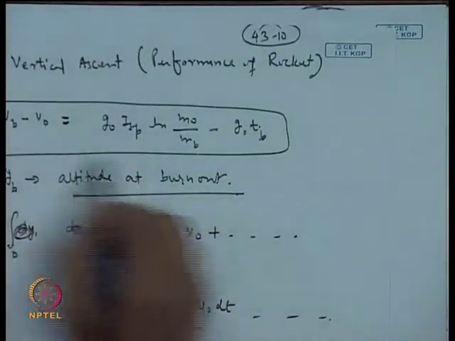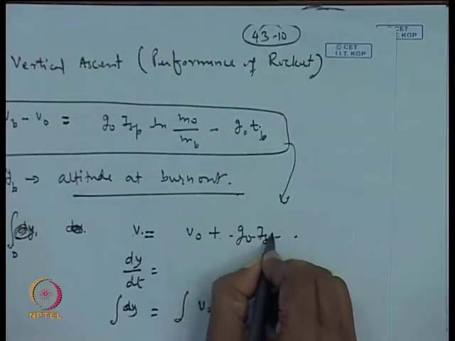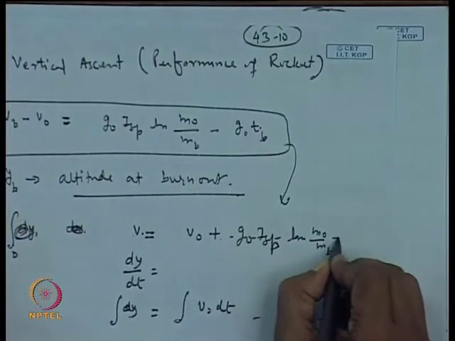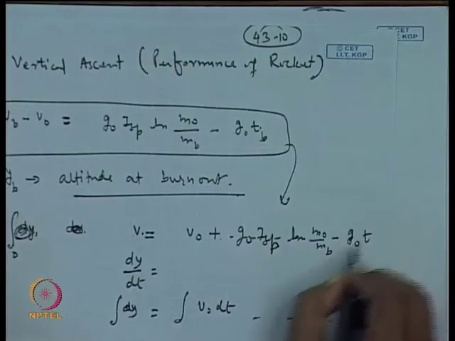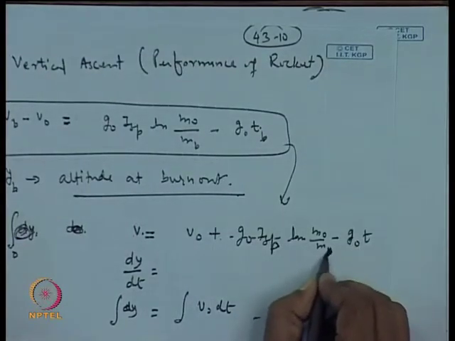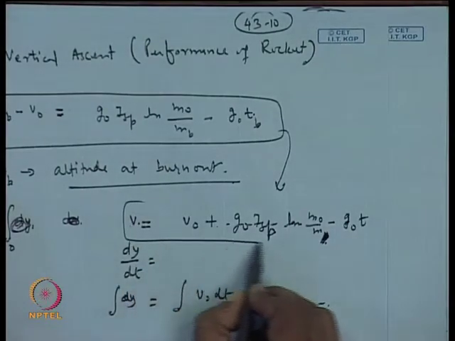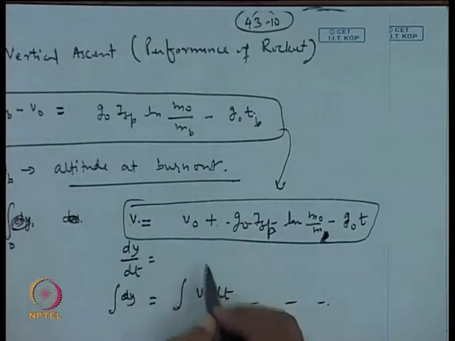Okay. So, this equation we have taken here and just written g 0 I s p ln m 0 by m b minus g 0 t. So, this term, the b we are removing to represent a general condition, and then we are integrating.